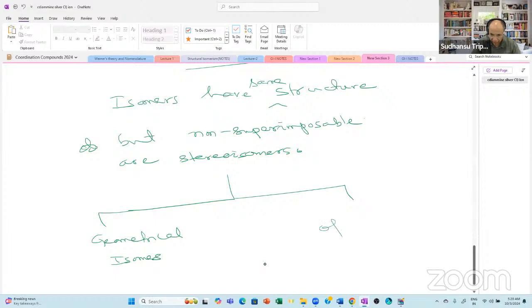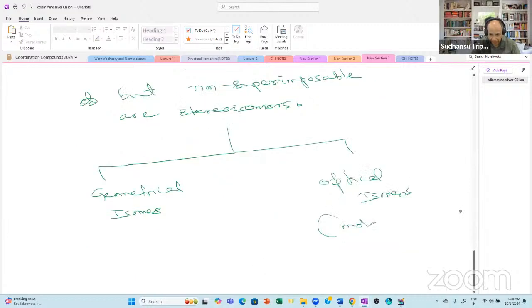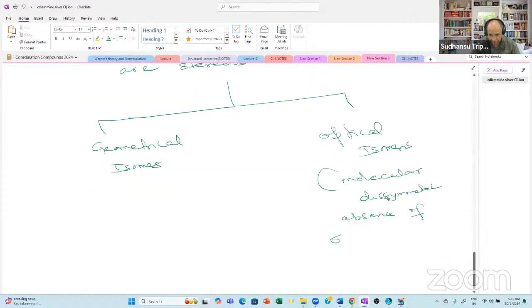And optical isomerism. In optical isomerism, the main condition of optical isomerism is molecular dissymmetry. Molecule has to be dissymmetric, due to absence of, as you know, a plane of symmetry sigma, a center of symmetry, or an alternating axis of symmetry. Absence of one of them will make the other two also absent.